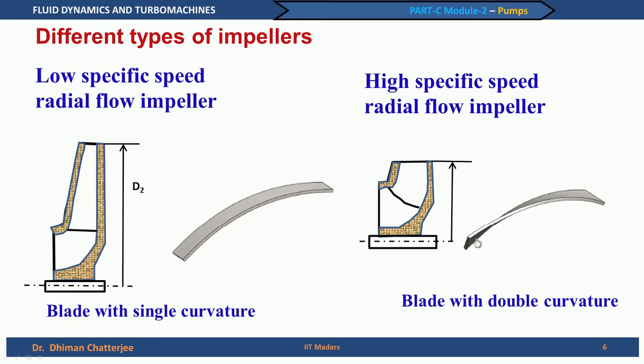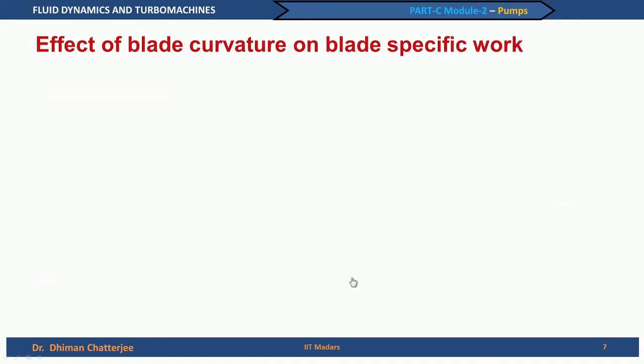You can see that when you look from the top, here you will see only this edge. In this case you can see a part of the surface is visible on other side and the twist is clear. So, we call these blades as blades with double curvature. Now, this curvature of blade is very important.